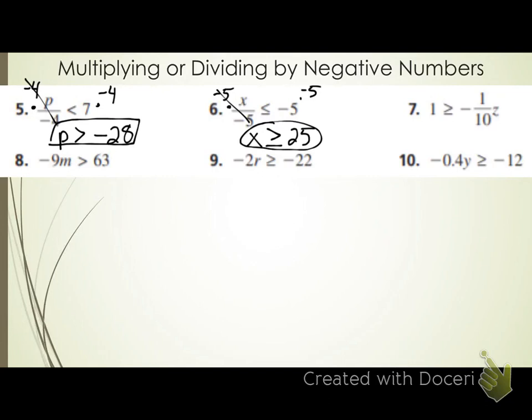Number 7. 1 is greater than or equal to negative 1/10 z. How would I get z by itself, if it's being multiplied by negative 1/10? Divide both sides by negative 1/10.